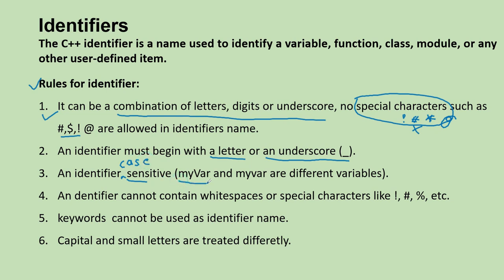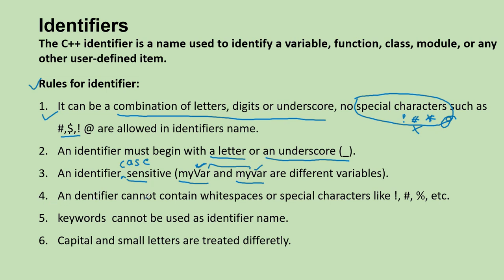Here, myVar is an identifier, and myVAR is another identifier. These are different because here V is in small letter and here V is in capital letter. Therefore, both will be treated as different identifiers.